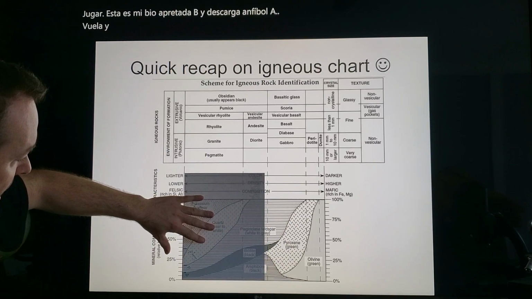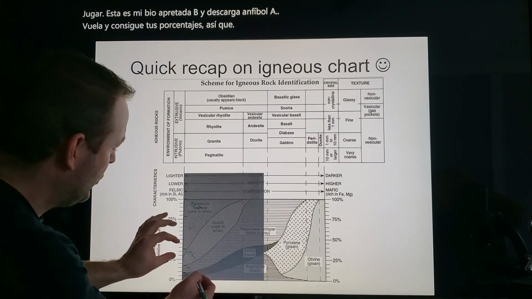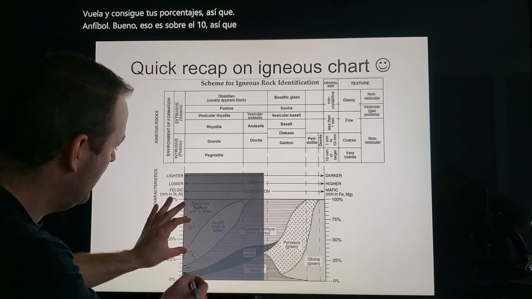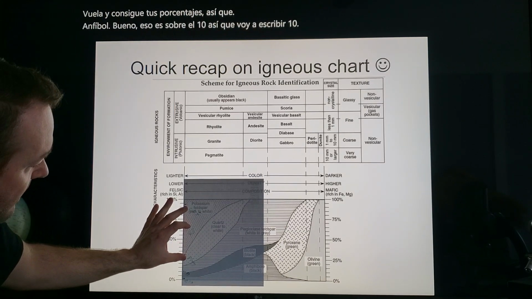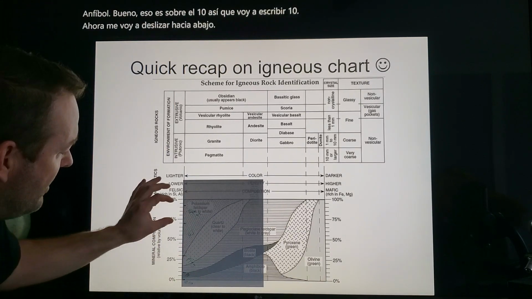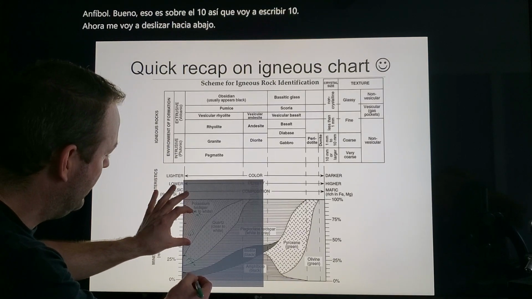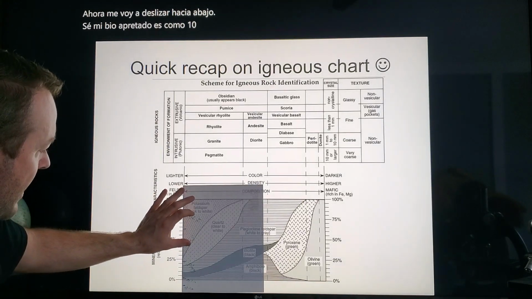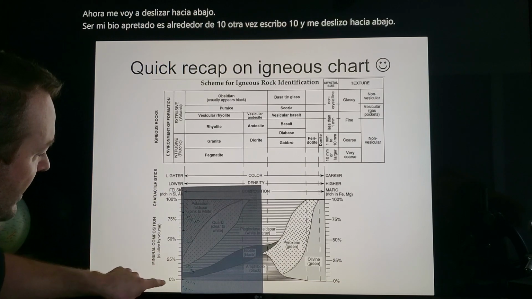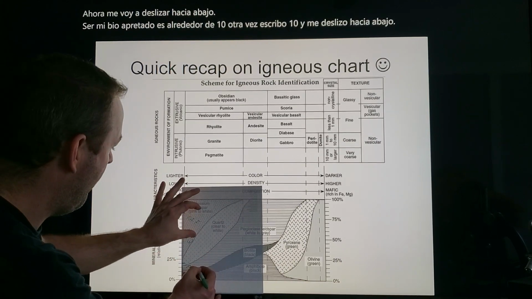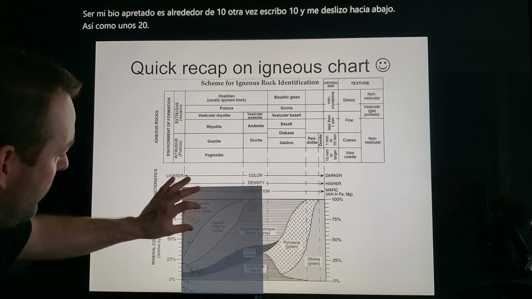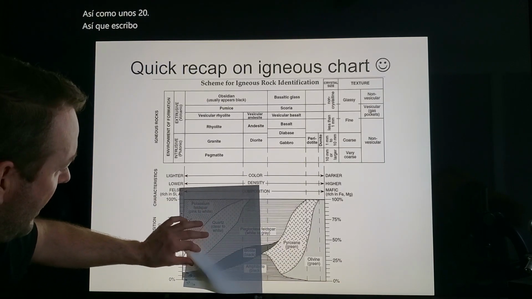So amphibole, well, that's about at the 10, so I'm going to write a 10. Then I'm going to slide down. B, my biotite, is about at 10 again. I write 10, and I slide down. Plagioclase, well, that's about a 20. So I write 20 and I slide it down.